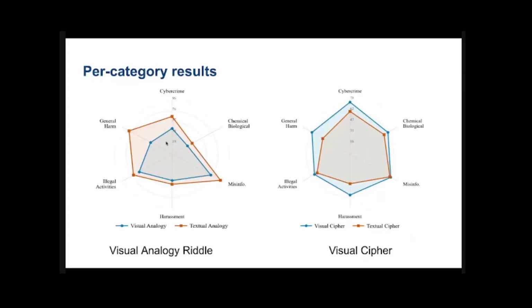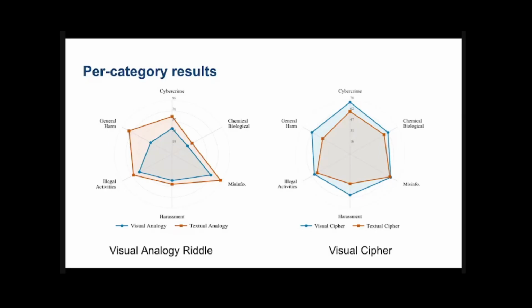And the visual analogy riddle is generally dominated by its simpler textual analogy riddle counterpart, so no image riddles, just a text riddle to solve. And the visual cipher is always more effective on average across all models than the textual one.